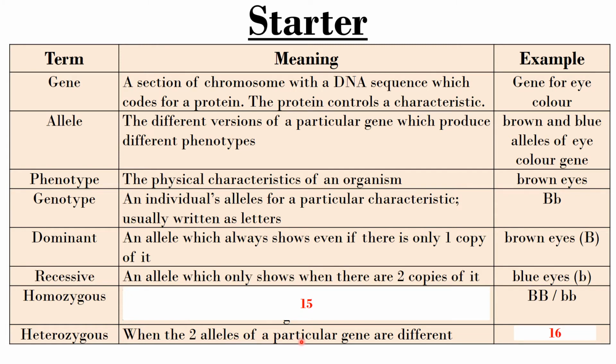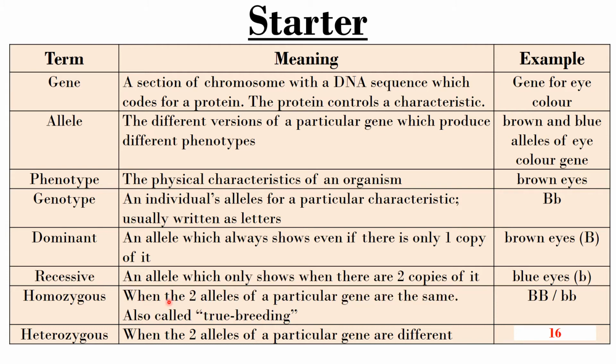Heterozygous is when two alleles of a particular gene are different, so that means homozygous is when the two alleles of a particular gene are the same. And you might have said that this is also called true breeding. And then finally, an example of heterozygous. Well, if an example for homozygous is big B, big B or small b, small b, then heterozygous would be big B, small b.